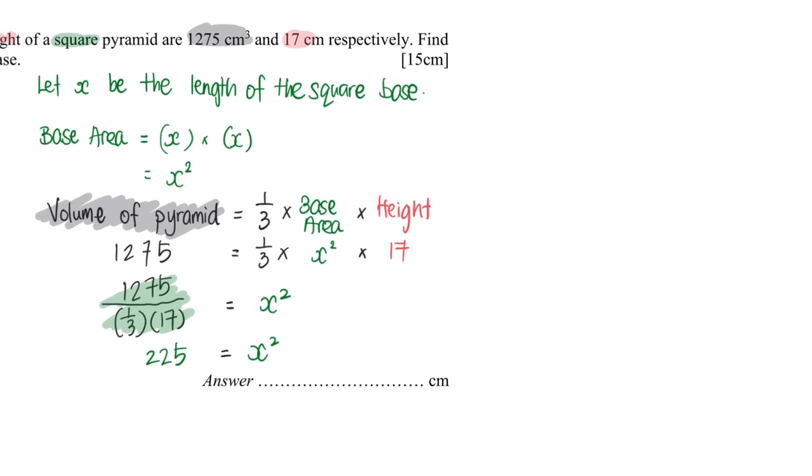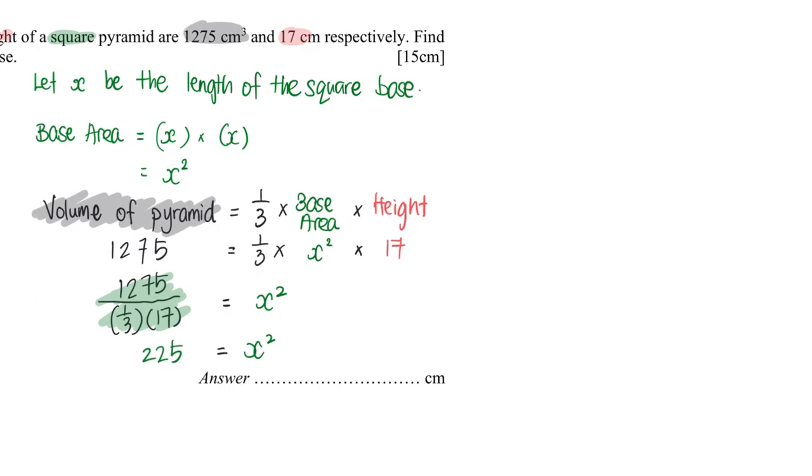And therefore, just to create a space first, so that it's neater. And therefore, my x will be equals to the square root of 225, 15.